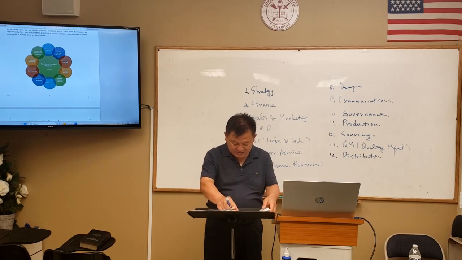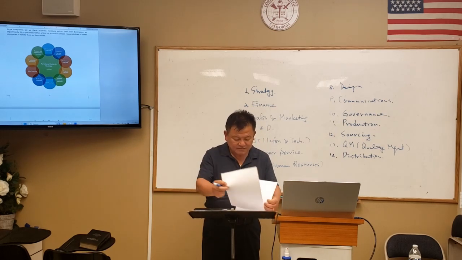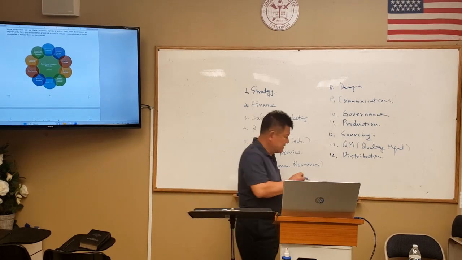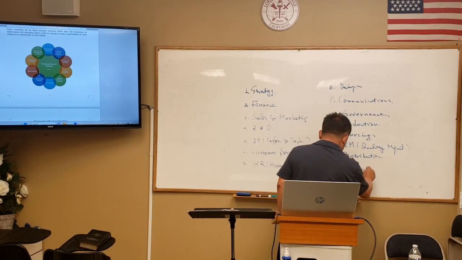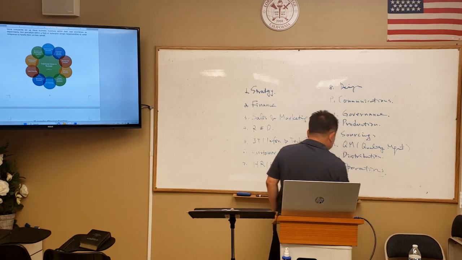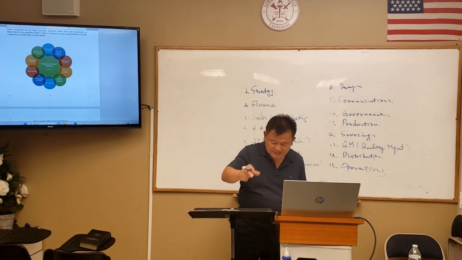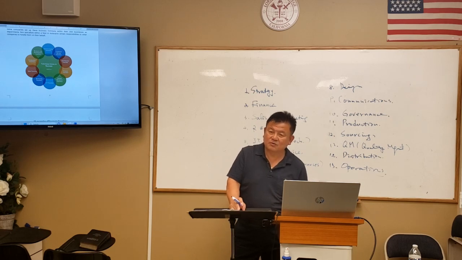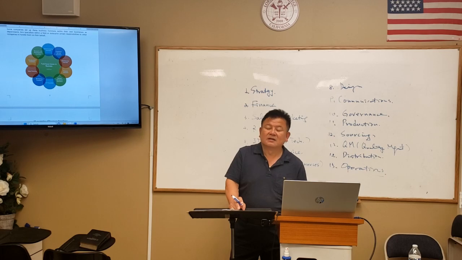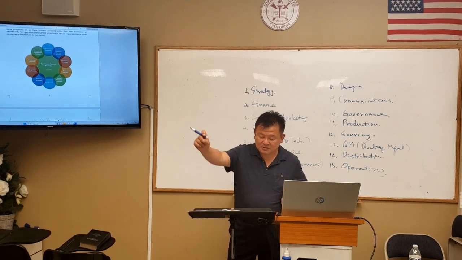And the next, the final one of the 15, is operations. Operations is a little bit related to management. Operations is the core business process for the company or organization. It can vary by industry, for example, an IT company or a customer service company.